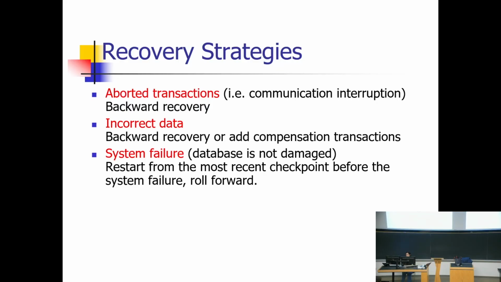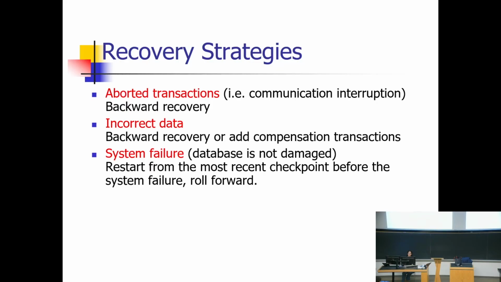And for system failure, which does not damage the database file, we just restore from the last checkpoint and roll forward, which we also call forward recovery. So forward recovery is the same as rolling forward or redoing.